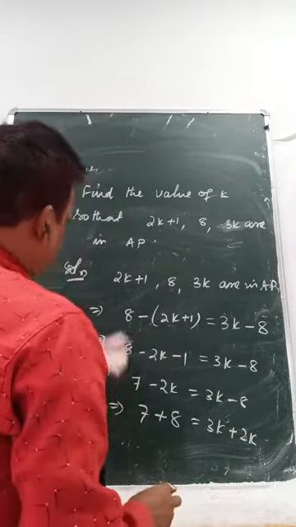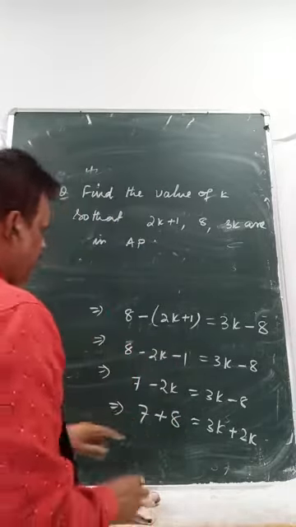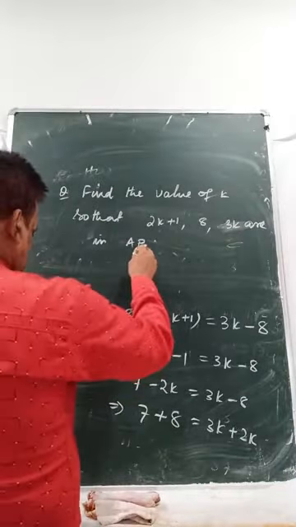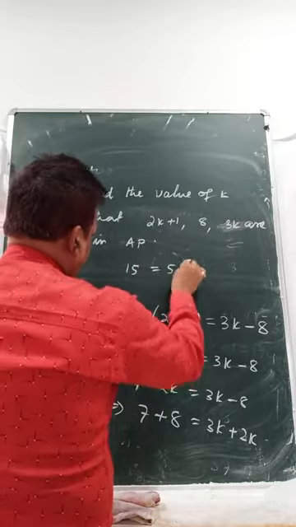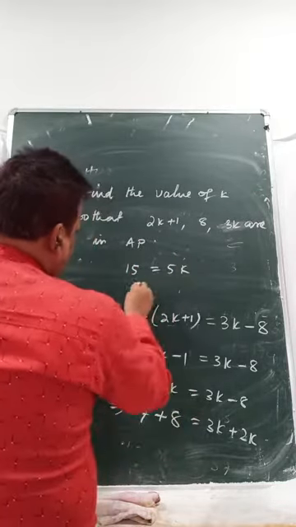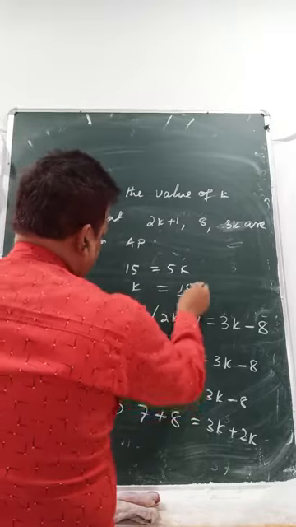Okay, so what did you get? This is 15 equals to 5K. So K equals to 15 by 5. That is 3.